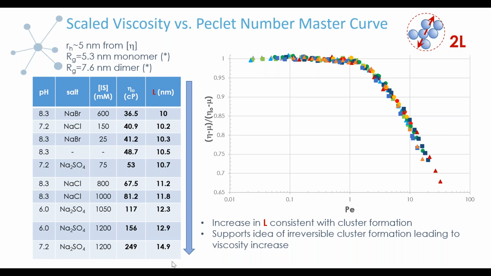This is consistent with the idea that the steady shear, low shear plateau viscosity does increase because you have this reversible cluster formation due to attractions. So presumably as we change our buffer and change the strength of attractions, which does change our low shear plateau viscosity, we do see this consistent change in the aggregate or cluster size that forms.